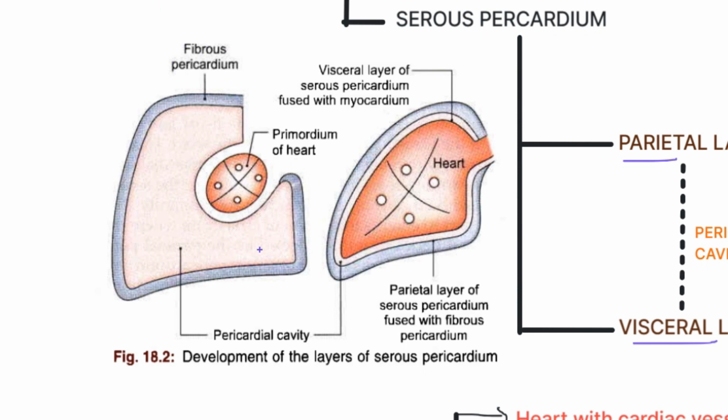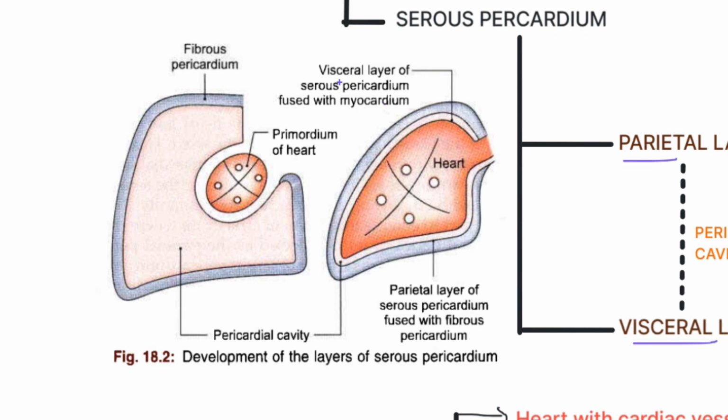Then inside, this is your pericardial cavity, and this is the primordium of the heart. So heart will start developing here mostly in, sorry, not 2 years old, 2 months or 2 weeks old babies, right? And then this is your heart which is growing into your pericardium, right?